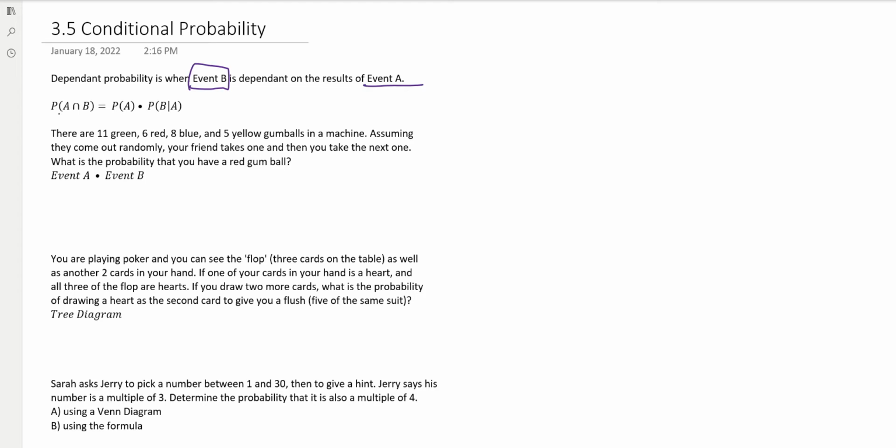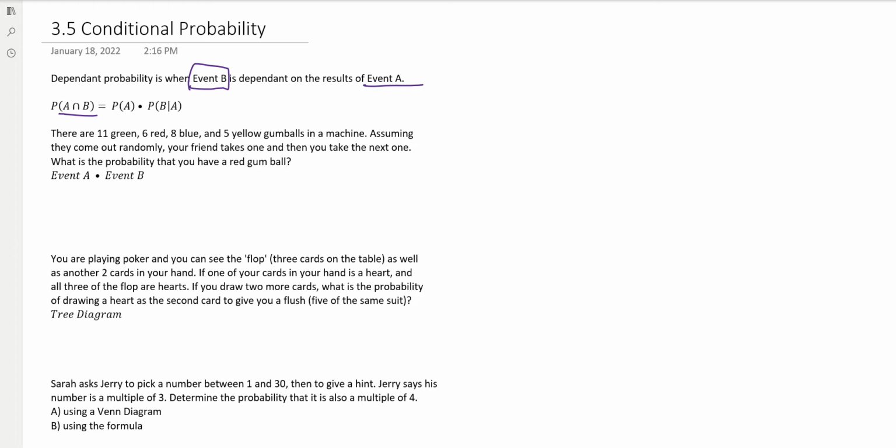Now, the intersection of A and B, this is the formula. This is a formula from this topic. Although you can do a lot of things without the formula, this is helpful to know. Anyways, the probability of the intersection of A and B is equal to the probability of A, all of A, times the probability of B happening if A has already happened.